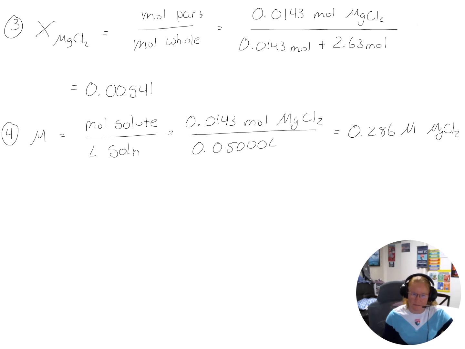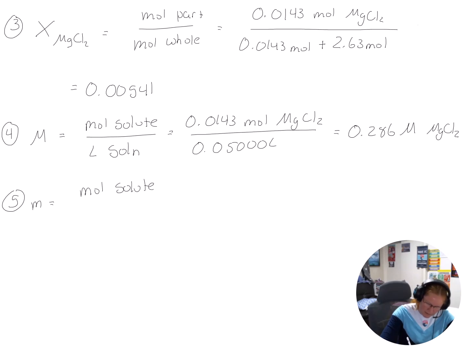magnesium chloride. All right, and then molality, it's a lowercase m. It's still moles of solute. But this time it's our kilograms of solvent. All right, so we're still going to get 0.0143 moles of magnesium chloride.